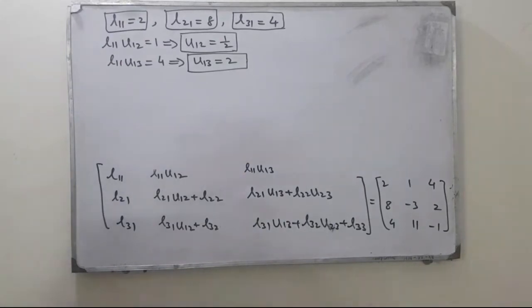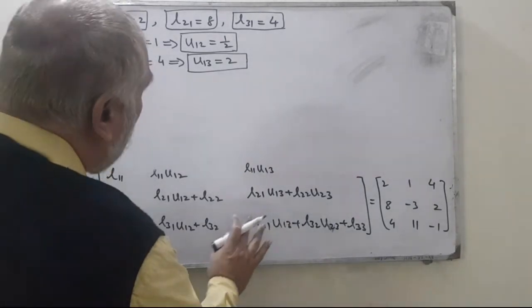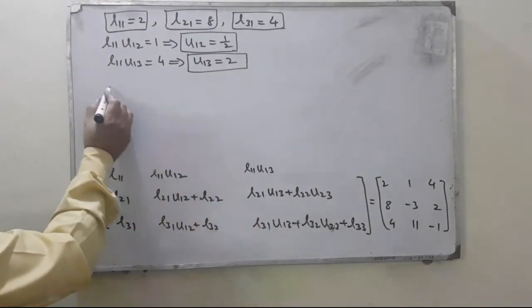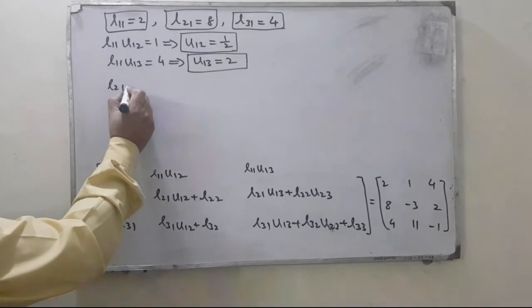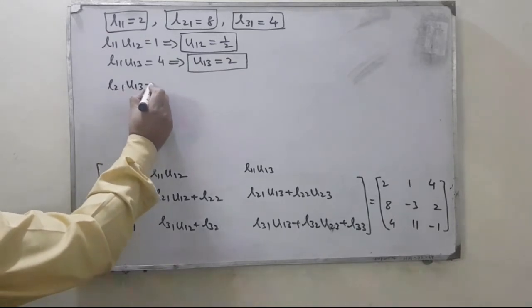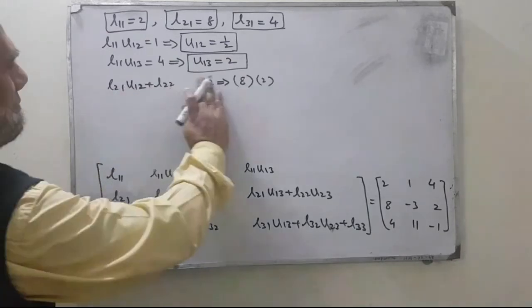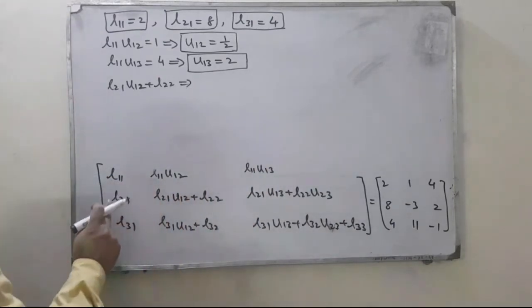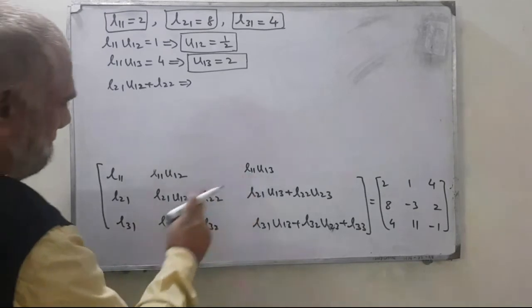Okay. After doing this, the next step is to find a few more entries. Now I'm going to use this entry of the matrix, L21 U13 plus L22. So from here we first calculate. Basically we have used this one, this and this.